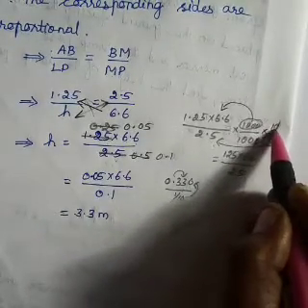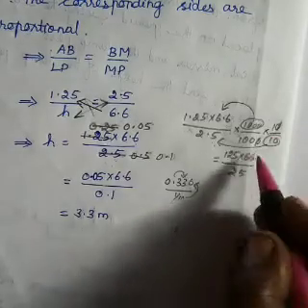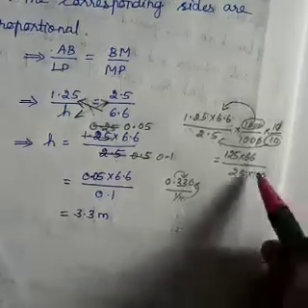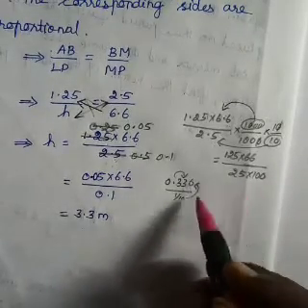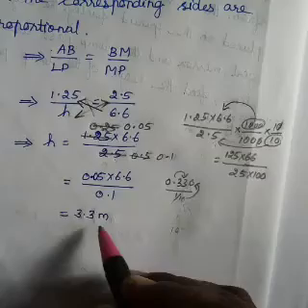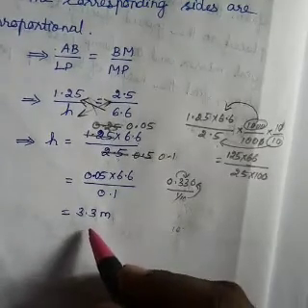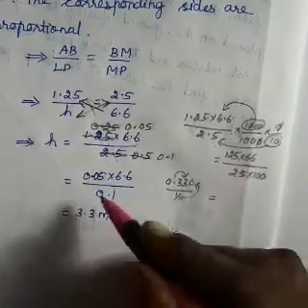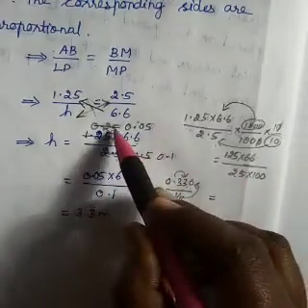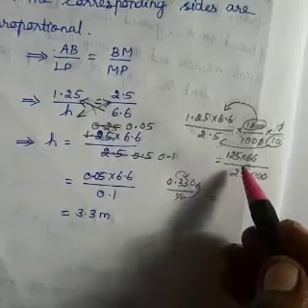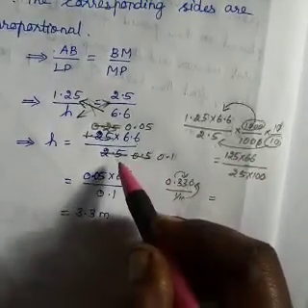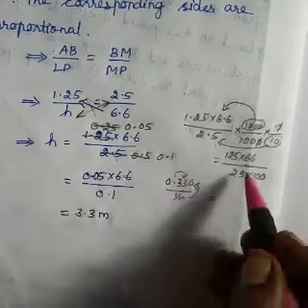So cancel the zeros, and the denominator you are getting as 100. Only these numbers you have, you can cancel and find out the value. You will get 3.3 meter. Okay, when you are cancelling, you will get the same procedure only. Cancellation same procedure, but the decimal point you will confuse. For that only I explained this also. Those who can do this calculation without confusion, you do this way.